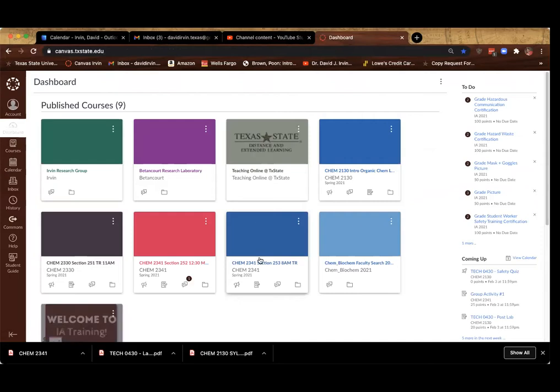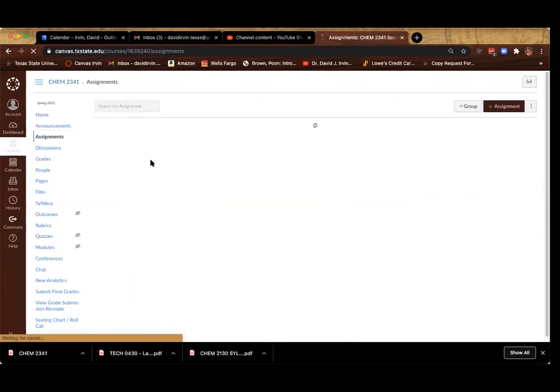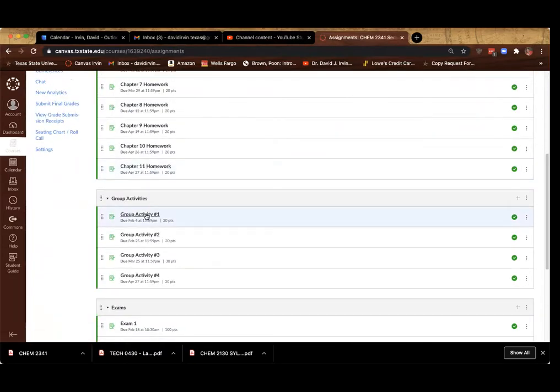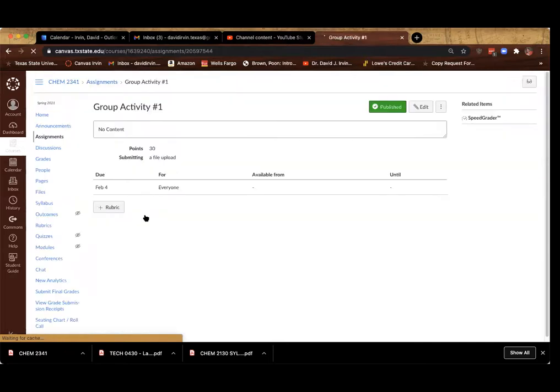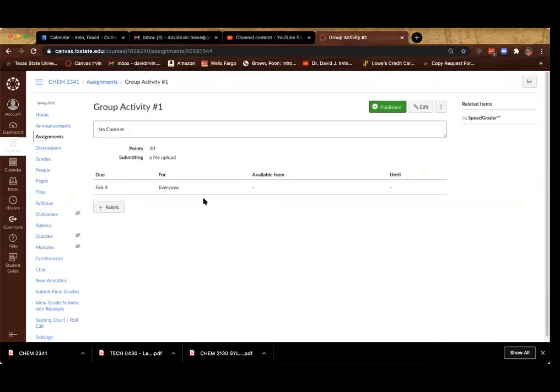It's due on the wrong day. Go to assignments and down to activities. Okay, I need to change the activity date. You'll go here and it'll say upload file. You can upload the file, and I can take anything as a file on this. Just do it by midnight tonight.